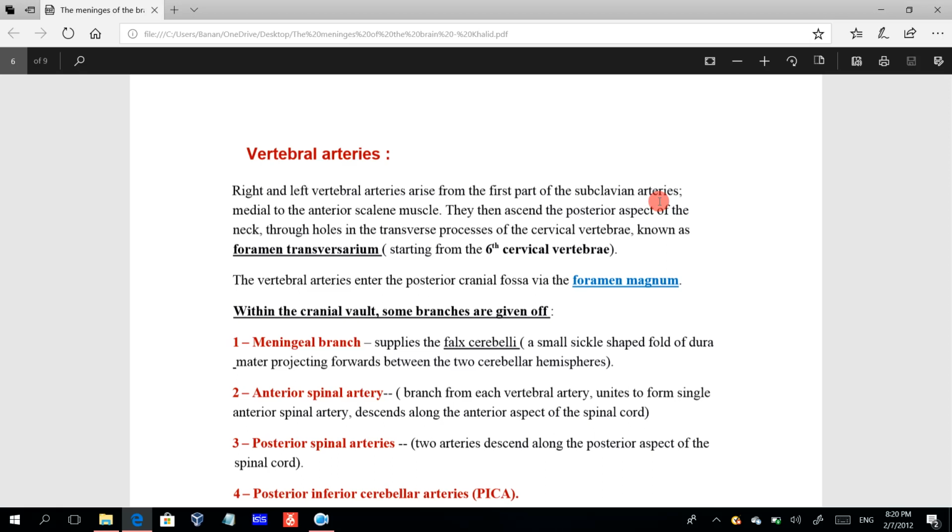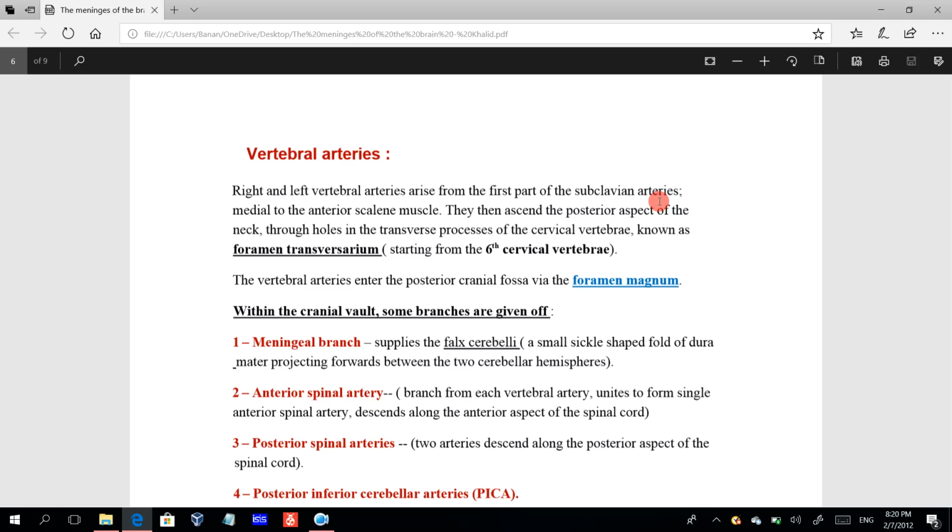And if you remember that in the right side, from the trunk or from the arch of aorta, we have the right brachiocephalic artery. And this brachiocephalic artery in the right side will give us the common carotid artery and the subclavian artery.